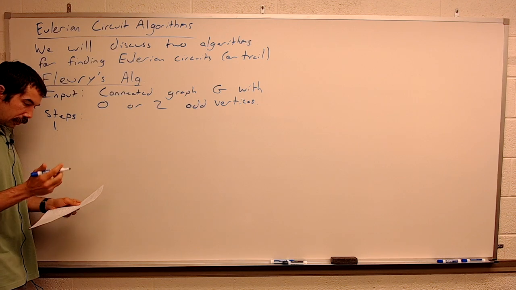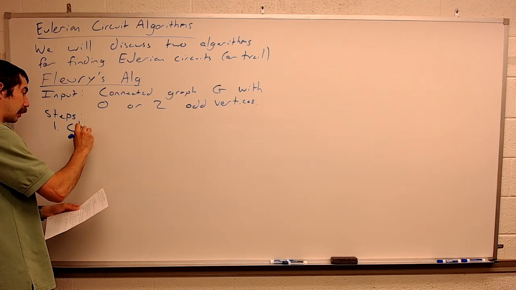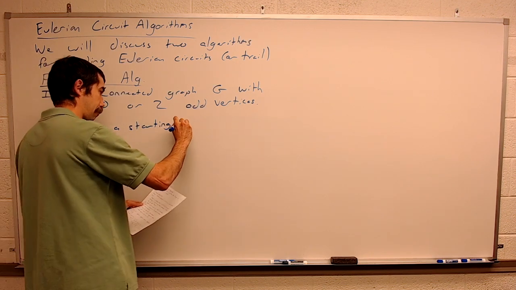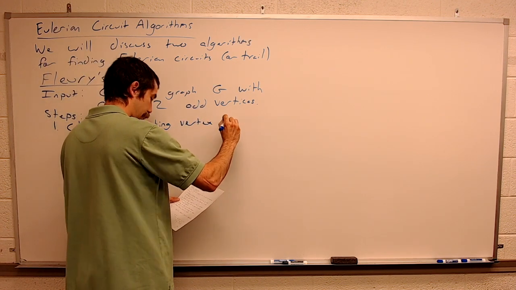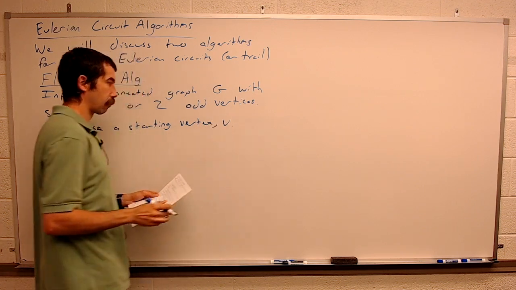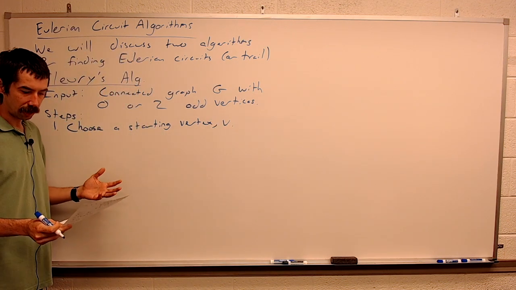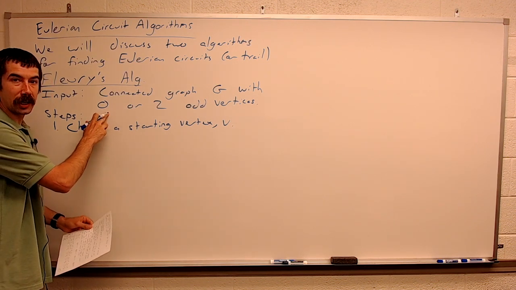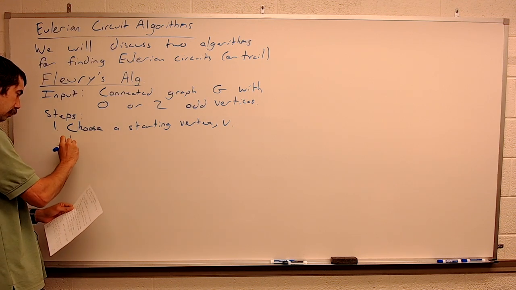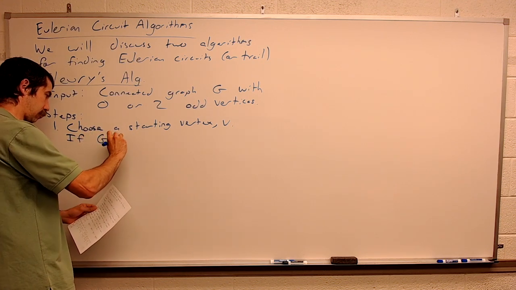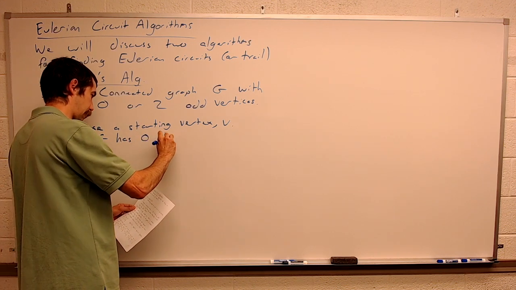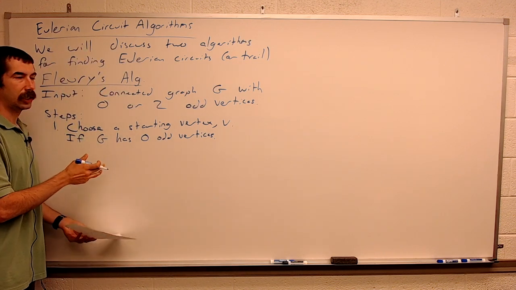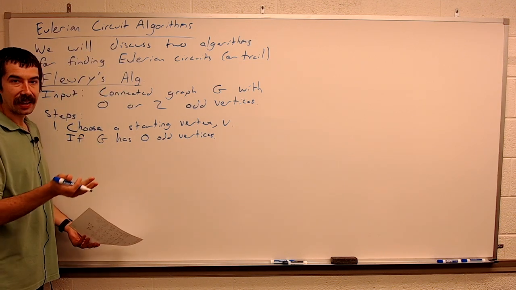Step 1. Choose a starting vertex V. So how do we do that? If we're in the case where G has no odd vertices, if G has 0 odd vertices, V could be anything.